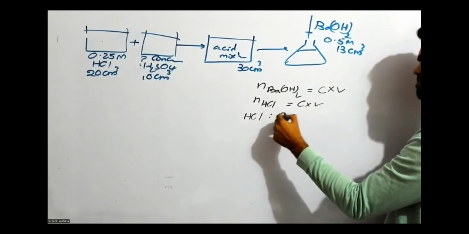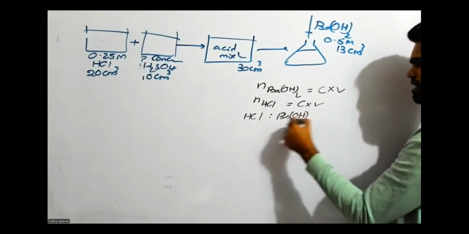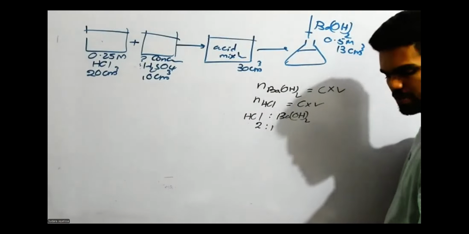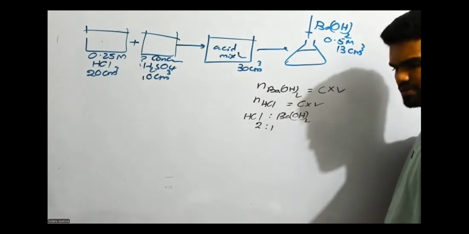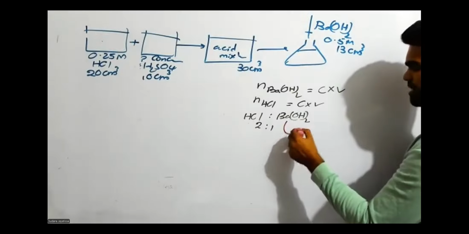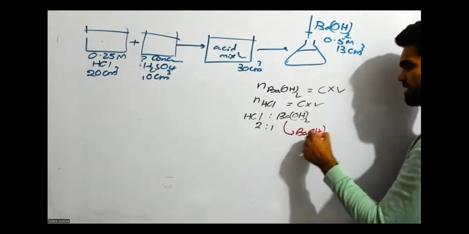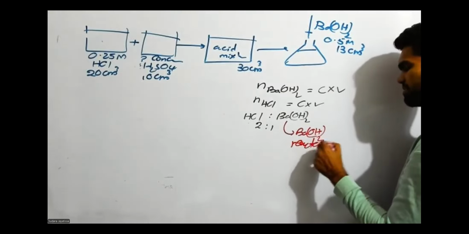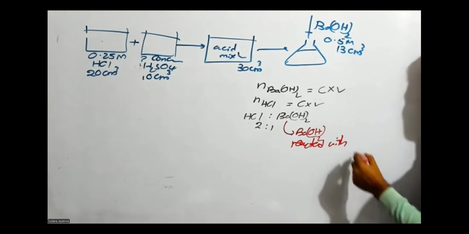HCl reacts with barium hydroxide in a 2:1 ratio. And then you can find out barium hydroxide. Those are the right steps. Barium hydroxide reacted with HCl.